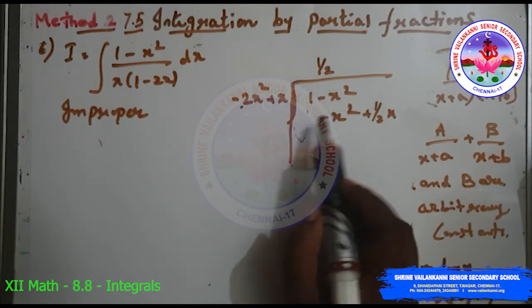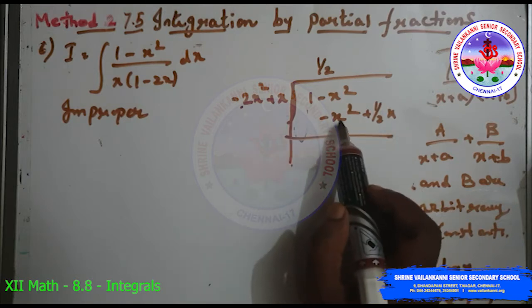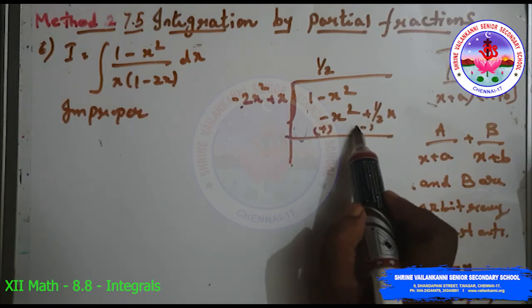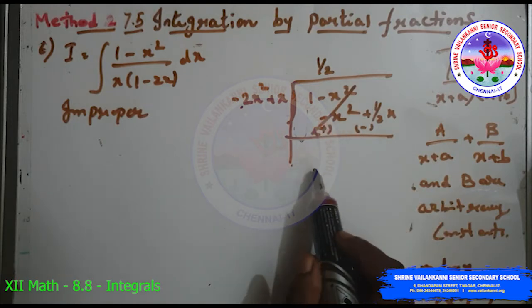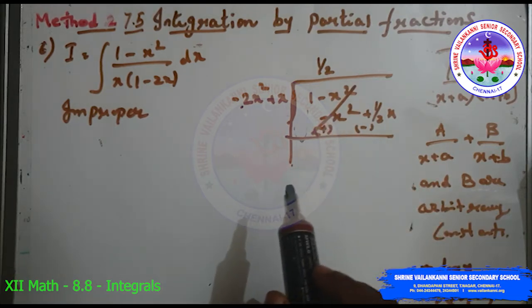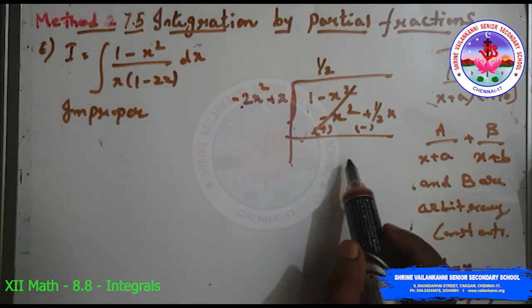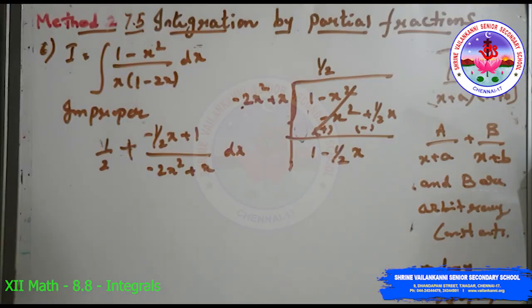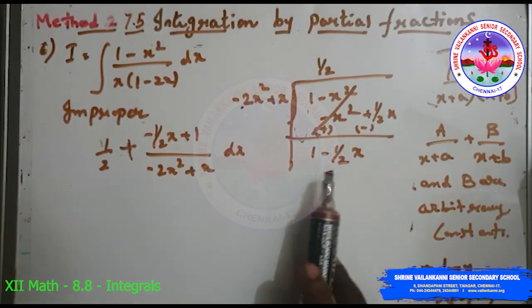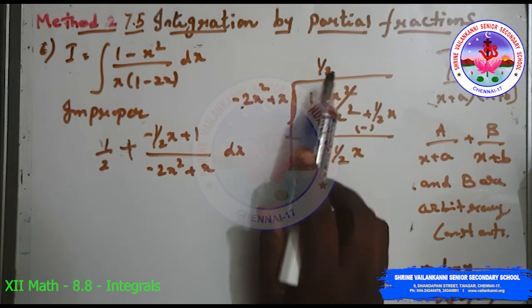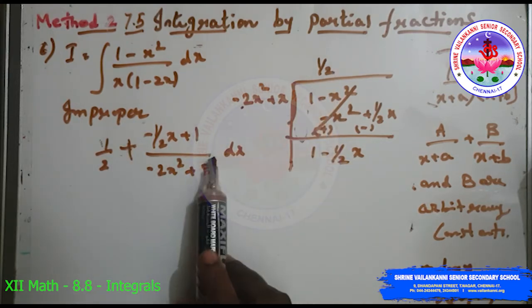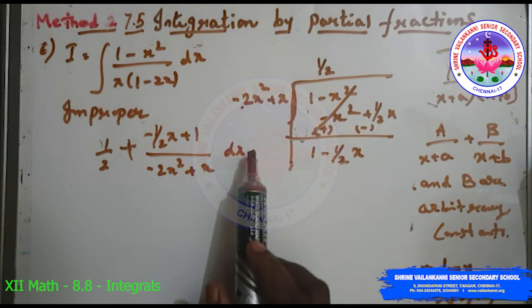So cancelling this by changing the sign, x square will get cancelled. Then we get 1 minus half x. We have to write this as a mixed fraction, that is half plus (minus half x plus 1) by (minus 2x square plus x) dx.